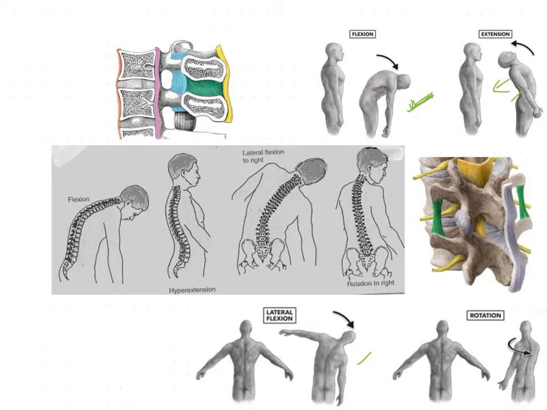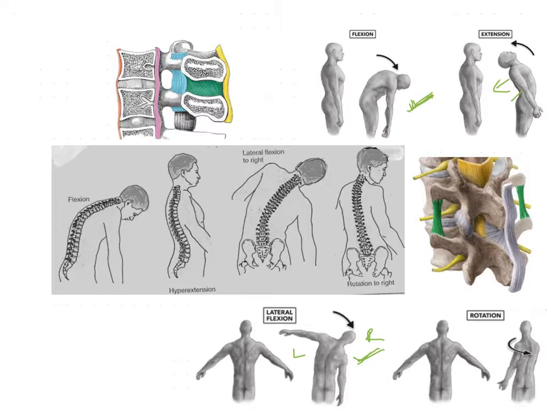In lateral flexion, the person is doing side bending, and we can find right side bending and left side bending also. So these are the 4 types of bending we can observe in the vertebral column.